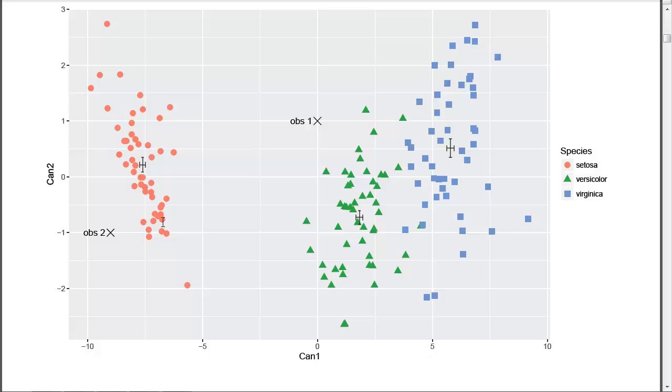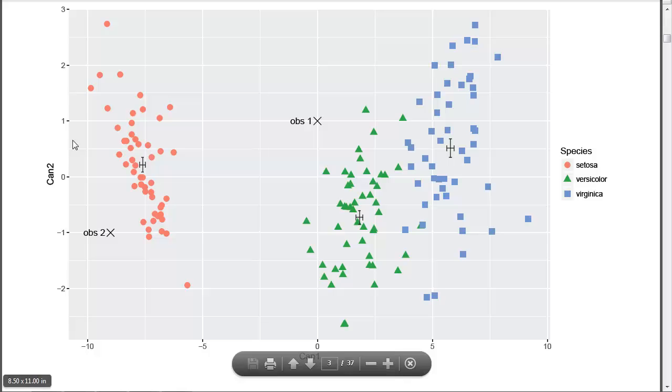But when it's rotated to the left, down to the bottom left, it's actually pretty far from the distribution. So Euclidean distance itself is not enough of a description for distance when we're talking about distributions of data that have covariance between, in this case, the canonical directions.